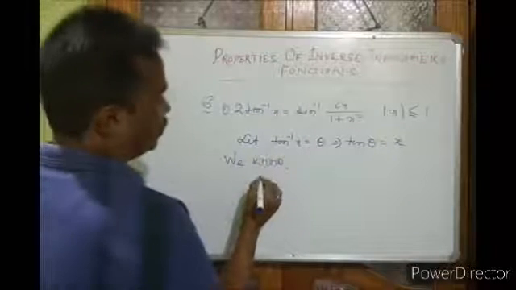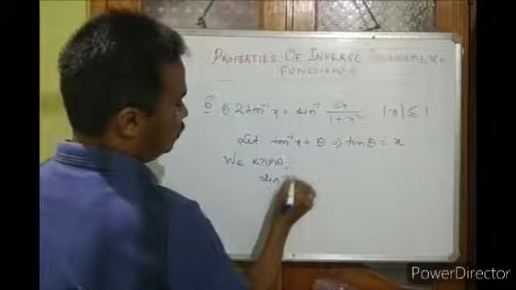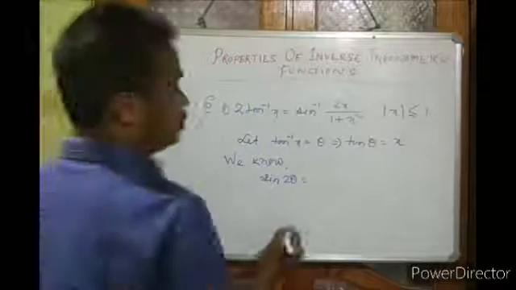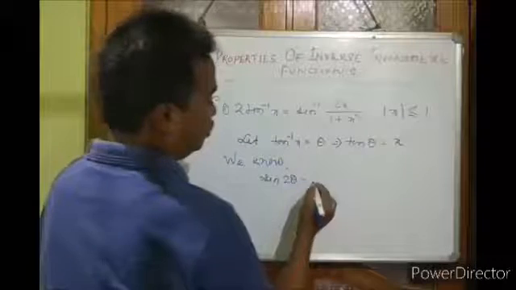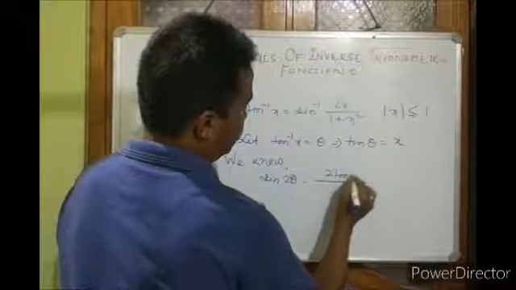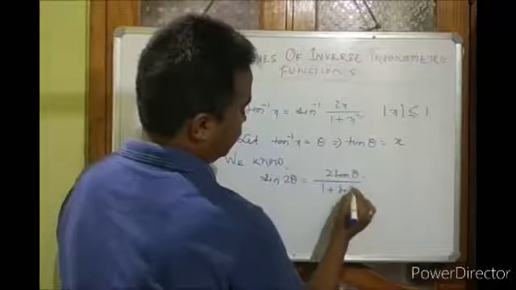We know the formula for sine 2 theta in terms of tan theta: it is equal to 2 tan theta divided by 1 plus tan square theta.